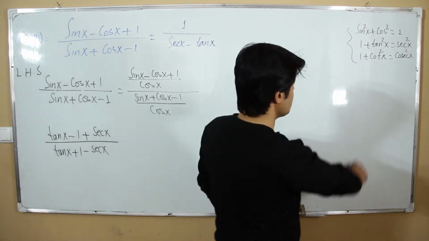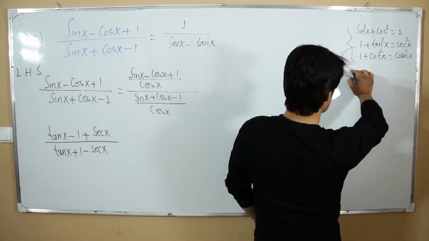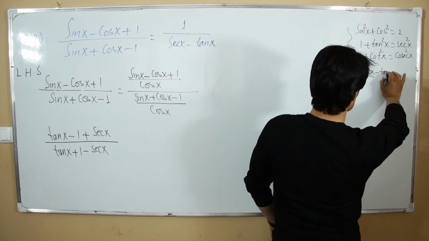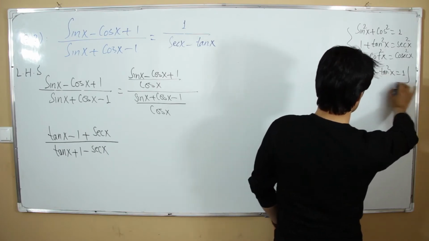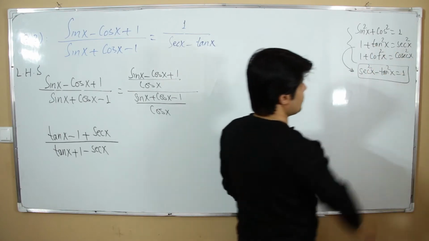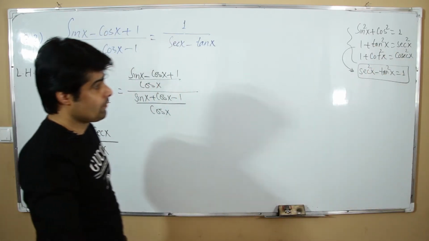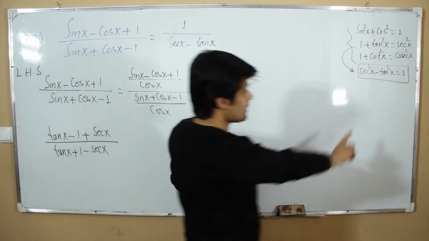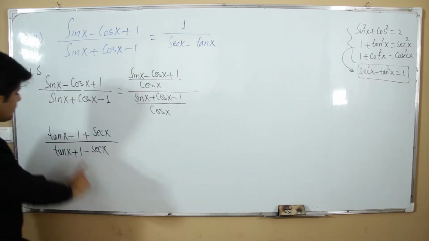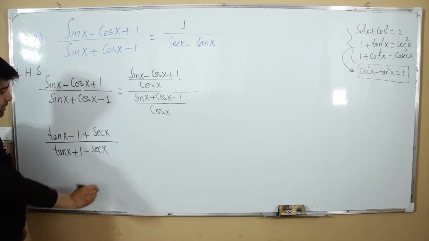Am I right or not? Look at the second identity: secant square minus tangent square is 1. If I put this tangent square to the RHS, the square of secant and tangent is 1, not the first degree. So what should I do?